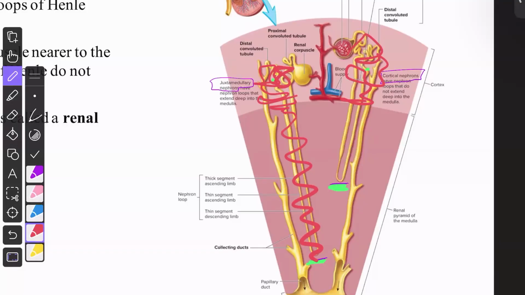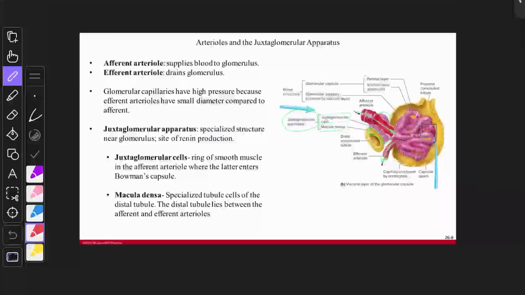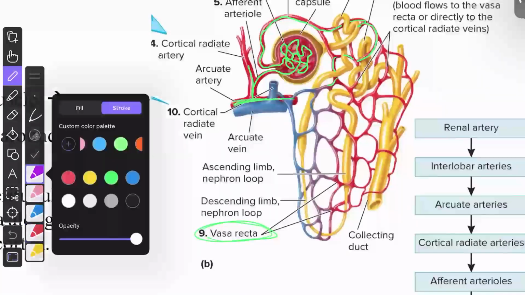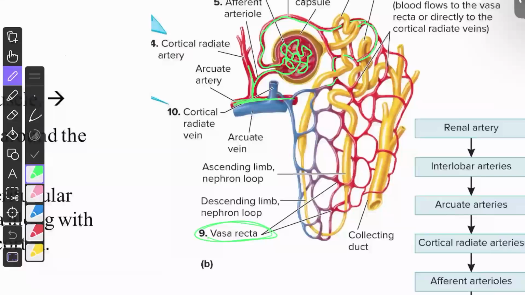All right. So go back. We've got our blood supply, and some of that blood supply that came out of that efferent arteriole is going to travel all the way down through the vasa recta, and then it will work its way back up through the venous side, where it will enter into the cortical radiate vein.